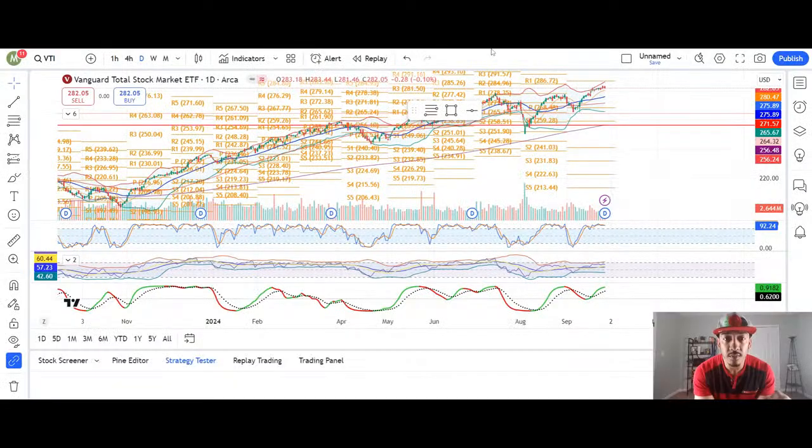So let's actually take a look at the stock market and look at the VTI, the total stock market index, and let's see what the stock market is looking like. So VTI, we go over here. VTI, it has some room to run. It's been trending upwards.